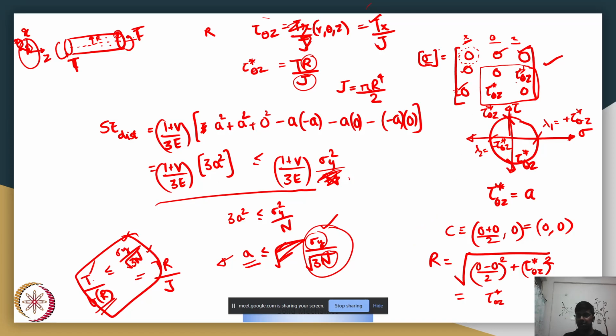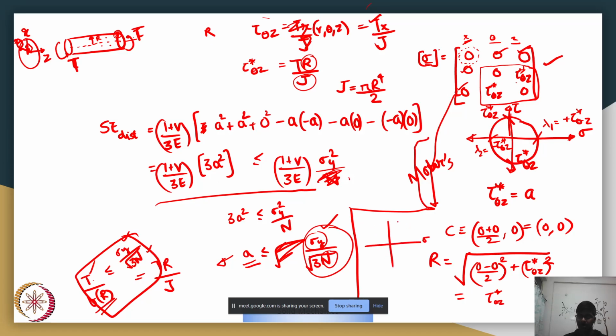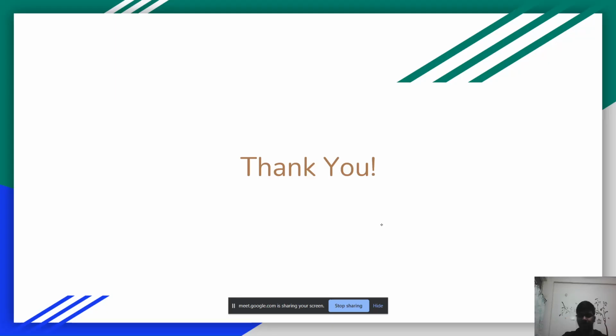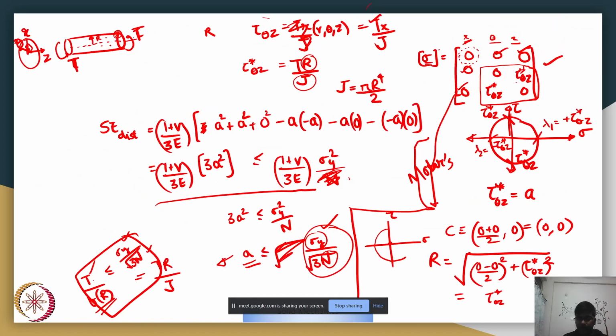So if I want to plot the Mohr circle for this, it would look something like this: sigma, tau, center is at 0, radius is tau star theta z.